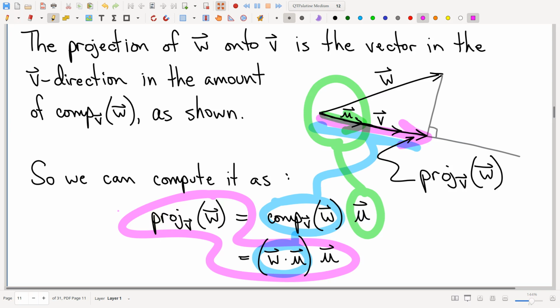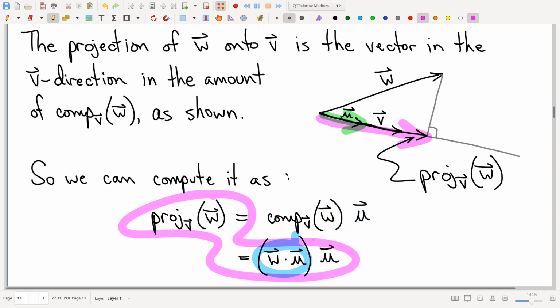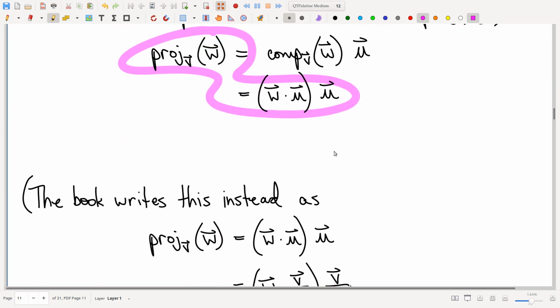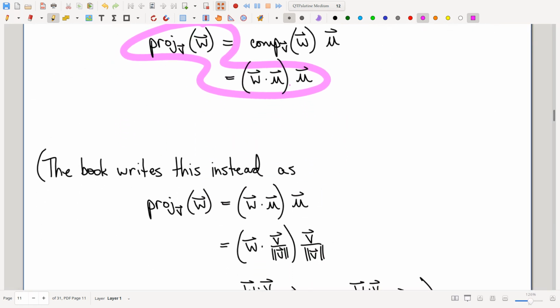All right. Now let's talk about this formula. Is this a good formula to use? Here is an alternative. All I'm going to do is recognize that this unit vector is v divided by the magnitude of v.